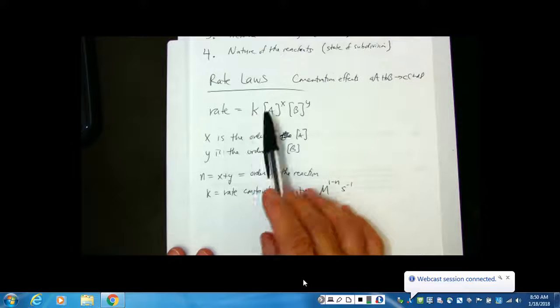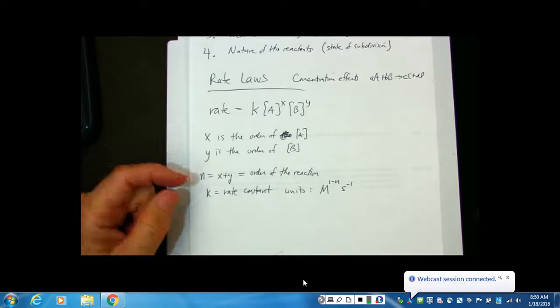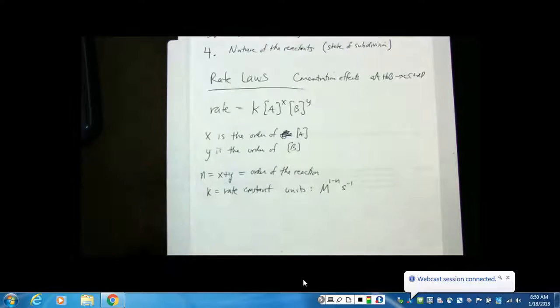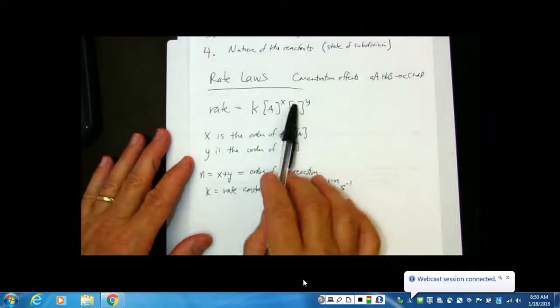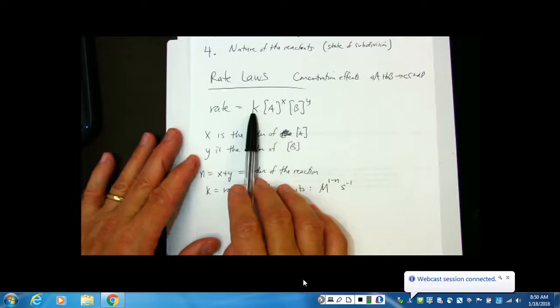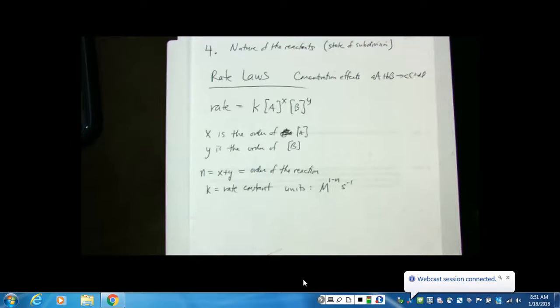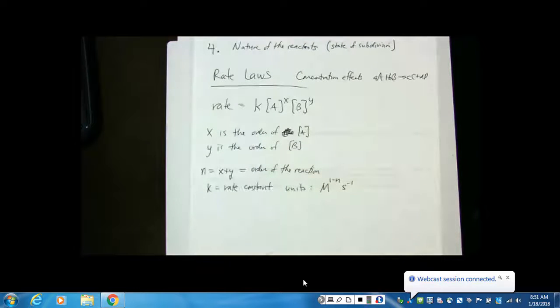So you go into the lab, you determine what x and y are experimentally, and you'll determine the rate constant for the reaction. Once you have that information, then for any possible concentrations, you'll know what the rate is of the chemical reaction. That's the usefulness of a rate law: it allows you to calculate the rate at any point in a chemical reaction once you've determined x, y, and k.